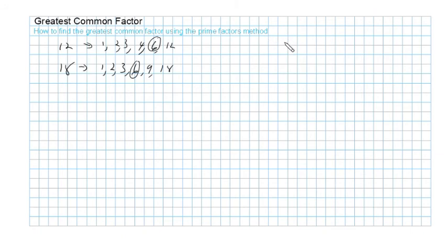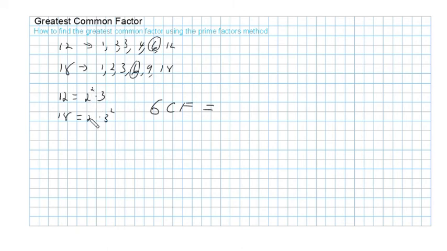So now we want to find a way to do this using prime factorization. The prime factorization of 12, again, go back and look at how we do this if you don't remember, is 2 squared times 3, and the prime factorization of 18 is 2 times 3 squared. And the GCF, we find this easily now by simply looking for the greatest common prime factors.